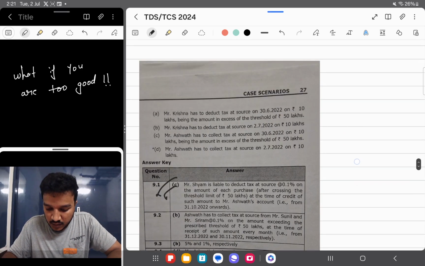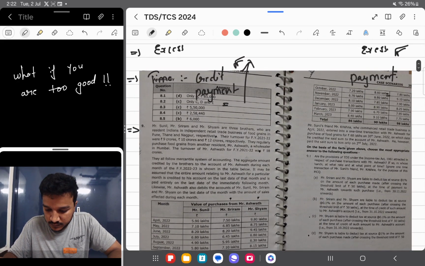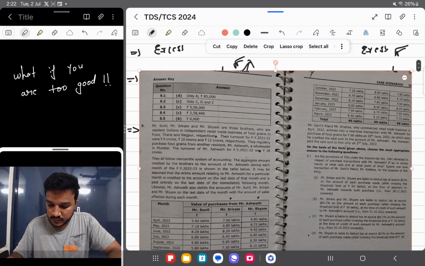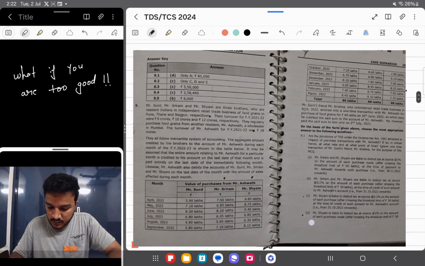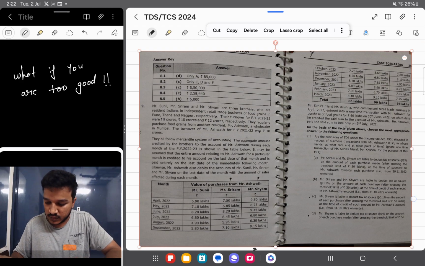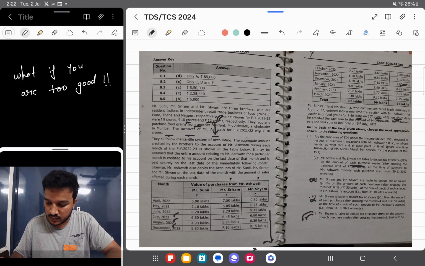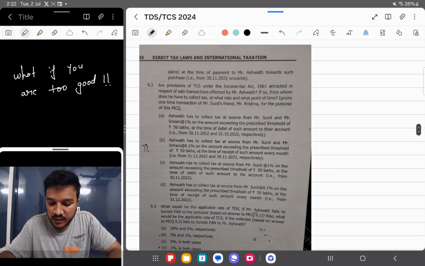Now we will see the second question. Are the provisions of TCS under the Income Tax Act 1961 attracted in respect of sale transactions effected by Mr. Ashwath?